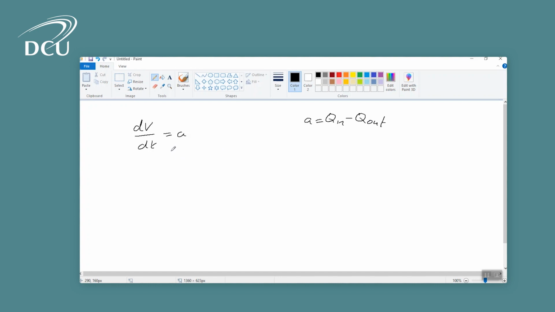And integration just really means getting rid of the dV and the dt and just having everything involving V and T, because ultimately we want to be able to do some sort of calculations. And when an equation's in the form of dV/dt, you can't actually plug anything in your calculator. So what we're really trying to do now is get rid of these two d's. And the mathematical way you do that is the process of integration.